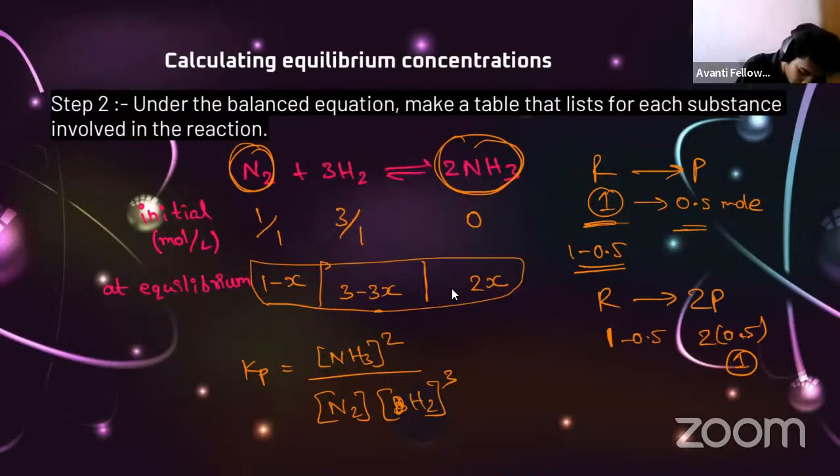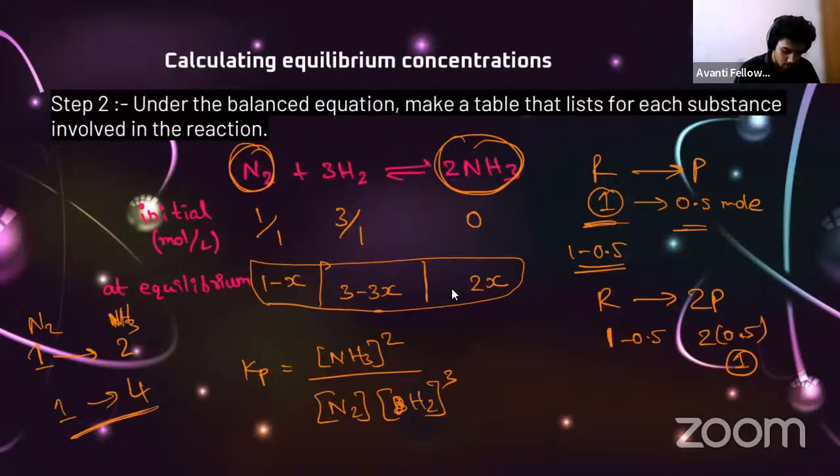In simple terms, if 1 mole of nitrogen is giving 2 moles of ammonia, and we are saying that 4 moles of ammonia are given from 1 mole, is it correct? It is wrong, right? So that's why we are neglecting x = 2.62.